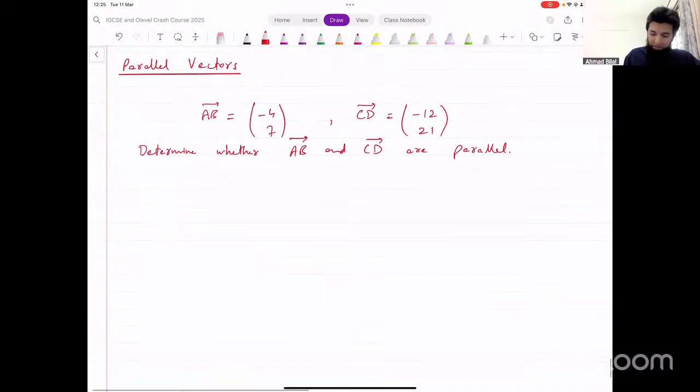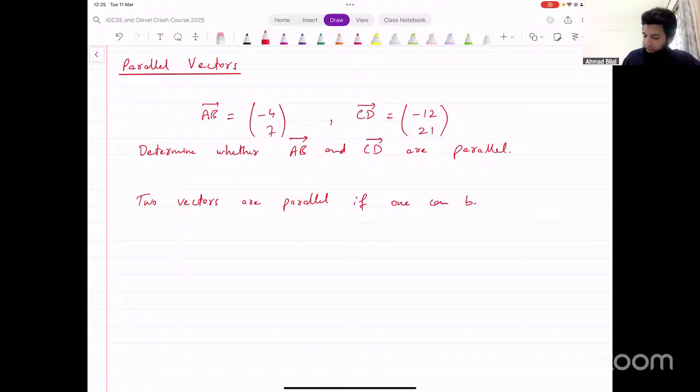The way to do this is, let me write that down here. The condition: two vectors are parallel if one can be written as a multiple of the other.